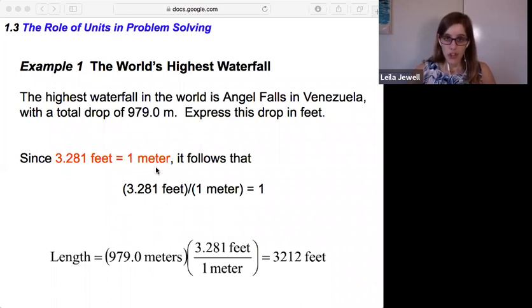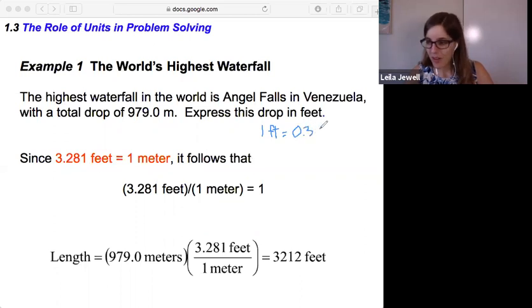Since that's true, we can divide either side by the other side, and we'd find that it's equal to 1. Let's show this explicitly. Starting with the original, 1 foot is equal to 0.3048 meters.